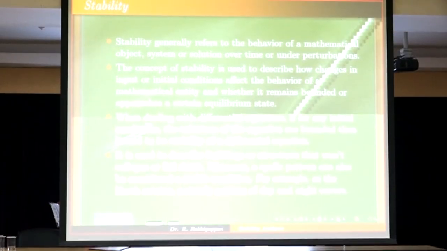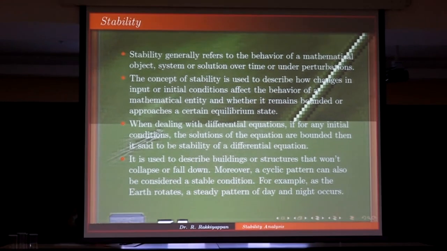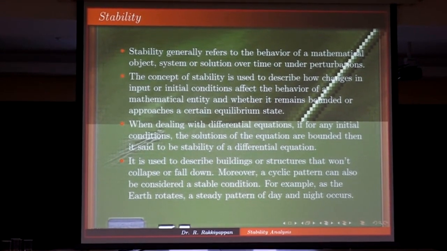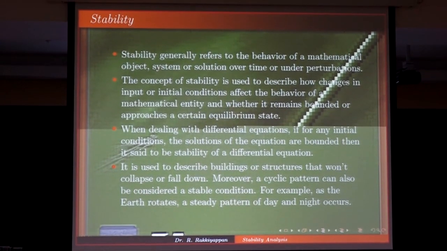The stability theory has many applications. Now I start with the definition. Stability generally refers to the behavior of a mathematical object, system or solution over time and under perturbations.